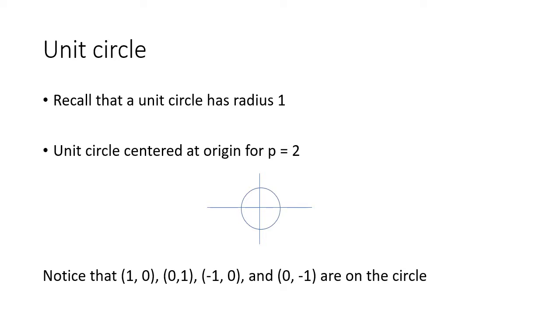So all 4 of those points are on the circle. And the circle, again, has radius 1. If you measure from the center, every point on the circle has a distance of 1 away from the origin.